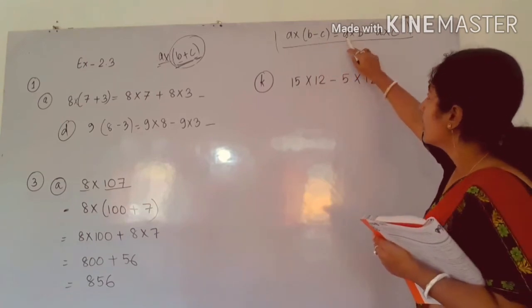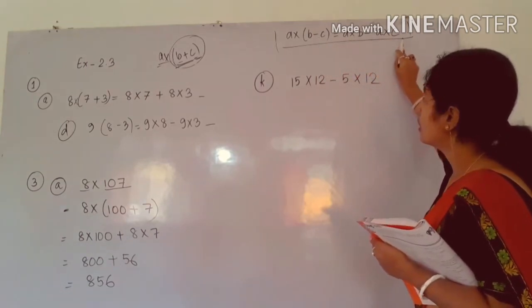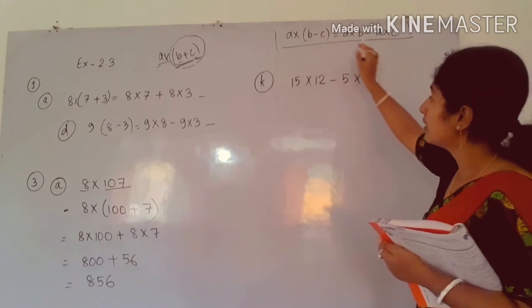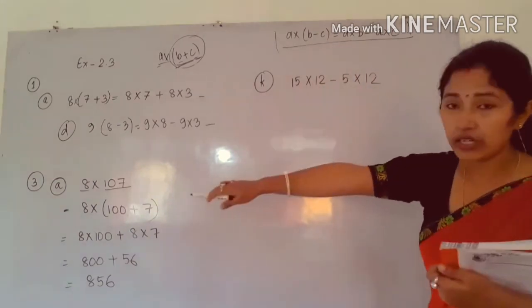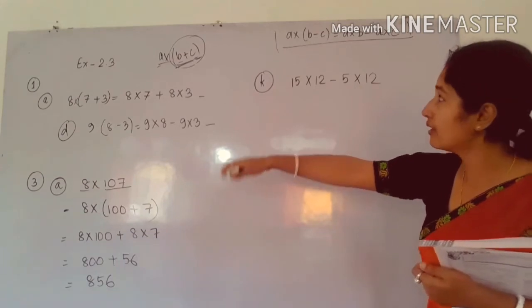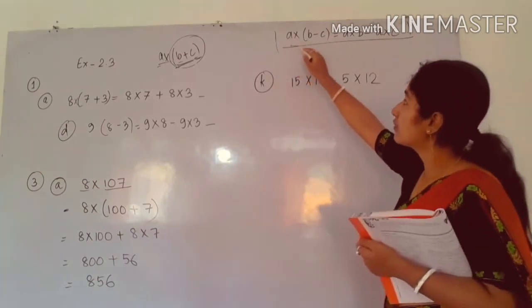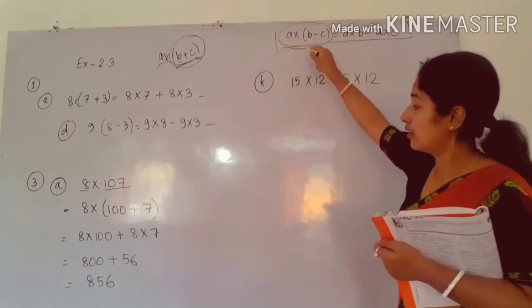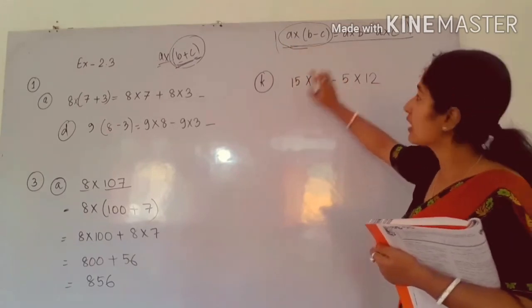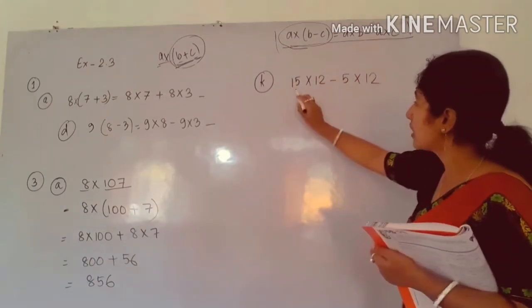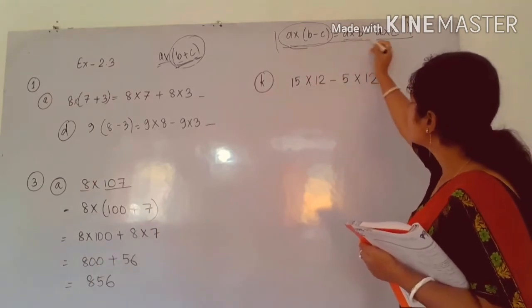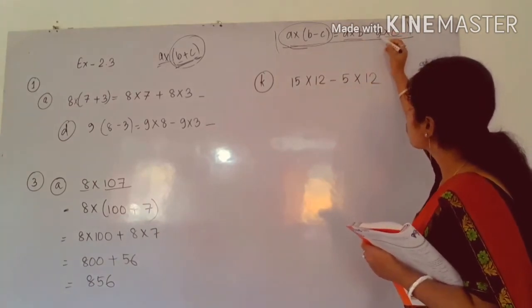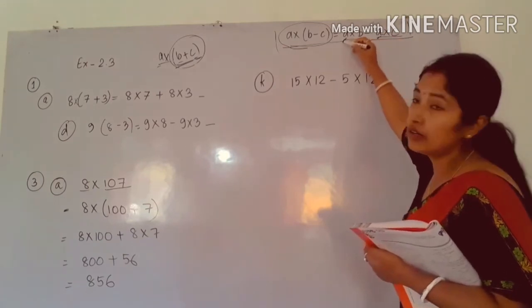So here, A into B minus A into C. We have already done this statement in question A, but in that case the left-hand side was written. In question K the right-hand side is written, that is A into B minus A into C. That means in both terms, what is common? A is common in both.